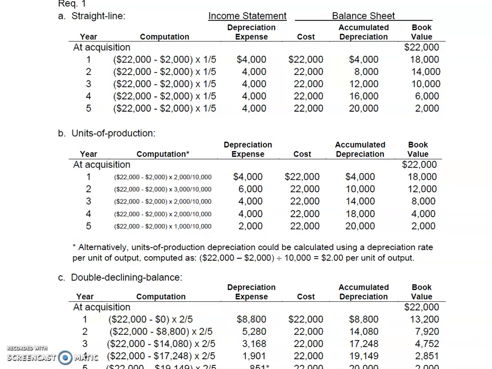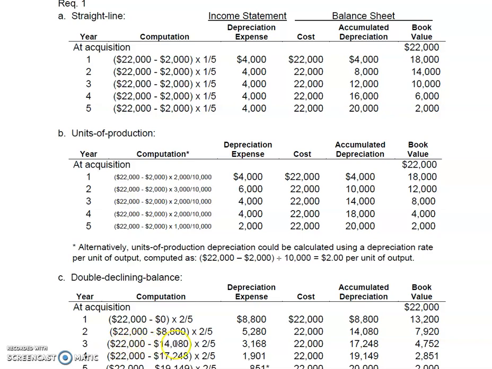Next year, we're going to take net book value, which is 22,000 minus the 8,800, and multiply that times 40%. That's going to give us depreciation expense of 5,280. So accumulated depreciation now is $14,080.